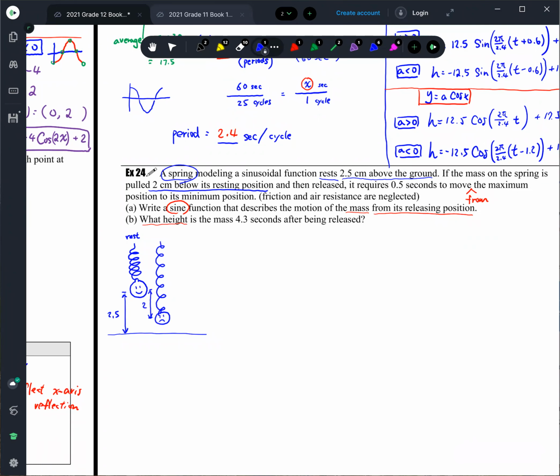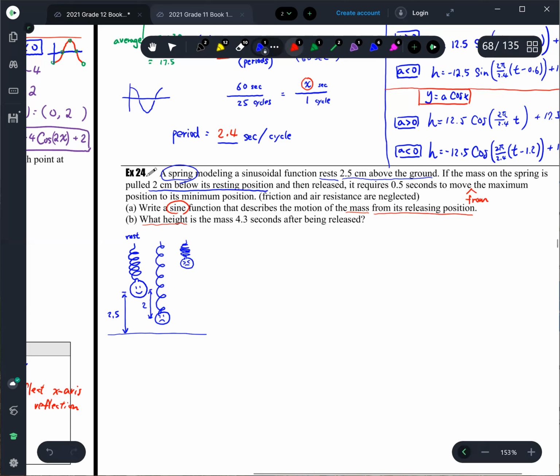And then we let it go, right? Release it. So the spring will pull it up and even pull it closer, right? It'll be squeezed, okay? And then we assume that there's no friction or air resistance to change the height, okay, the amplitude.